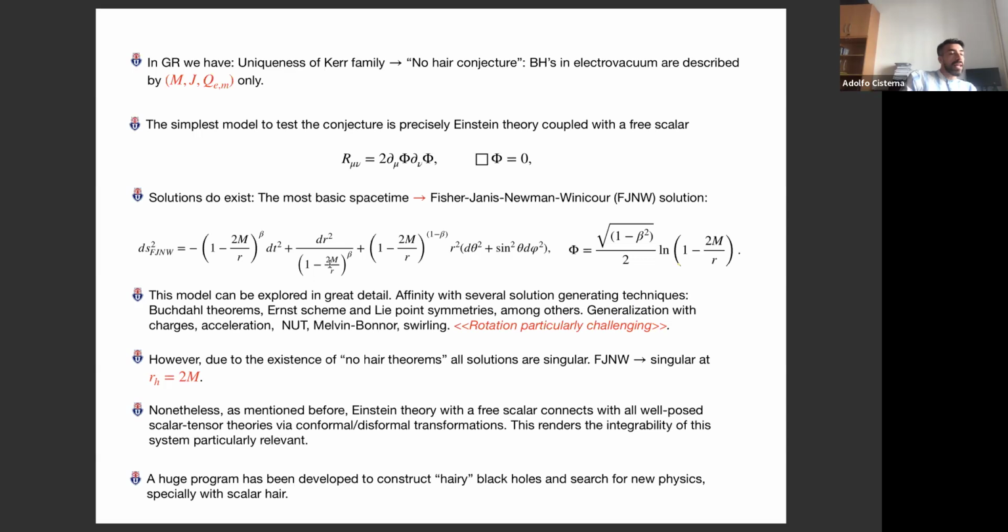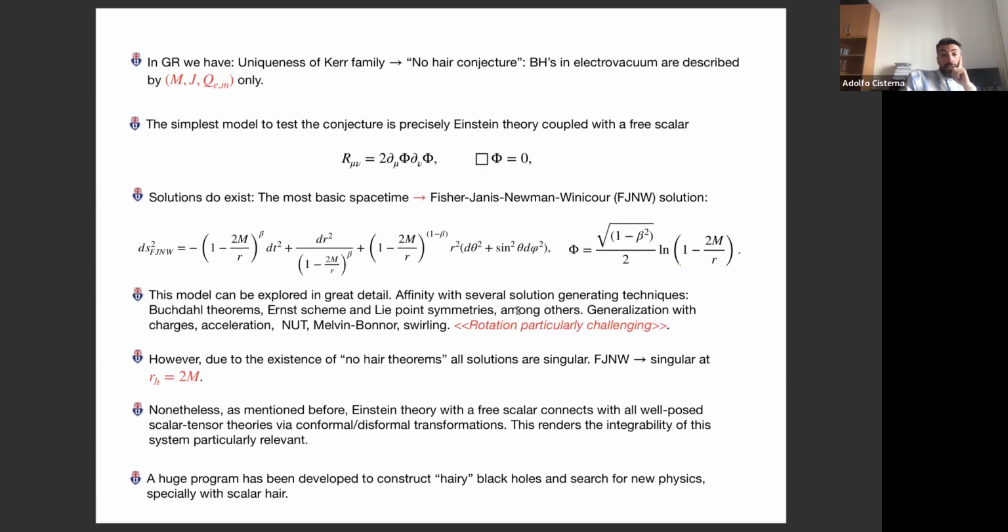So I can construct many solutions, with NUT, with swirling, with charges, with Melvin, combinations, and so on, in this system. And I can always try to understand what is going on in a different frame, in the same way you can move from the Fisher-Janis-Newman-Winicour solution to the BBMB black hole.